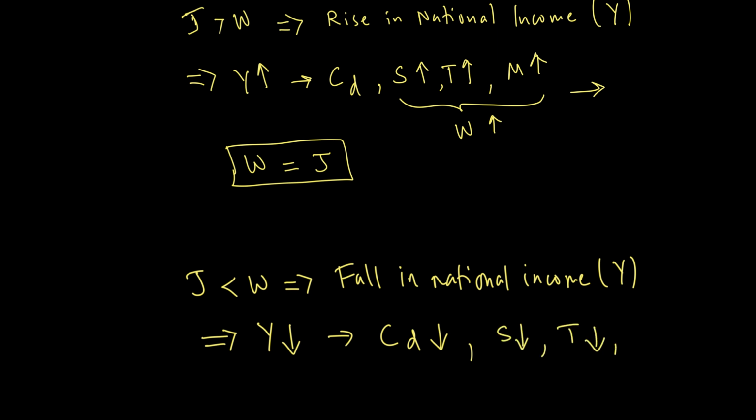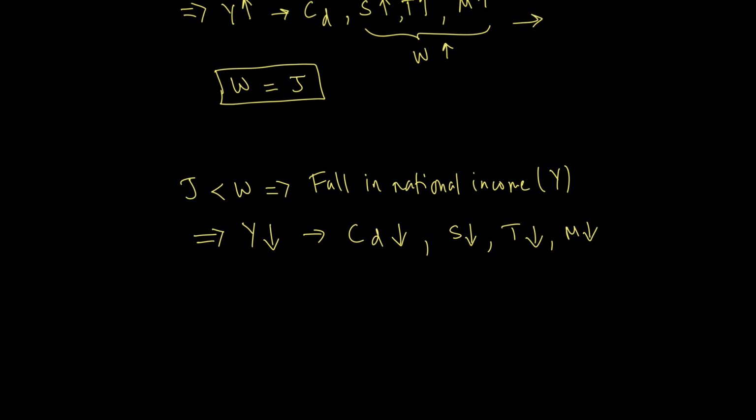Government will tax you less because now you are earning less money. So if the taxes are progressive, the tax rates will go down, or even tax amounts will go down, and even expenditure on imported goods will go down. All of this will mean that there will be a fall of withdrawals.